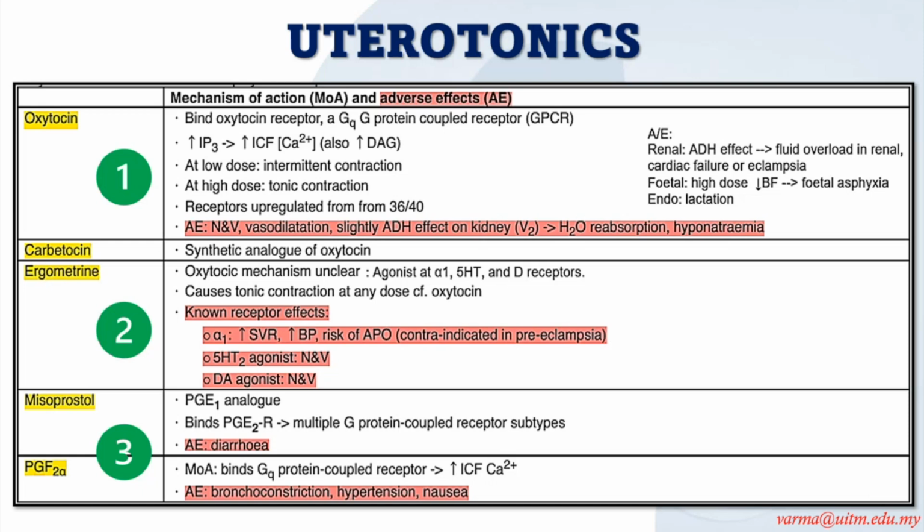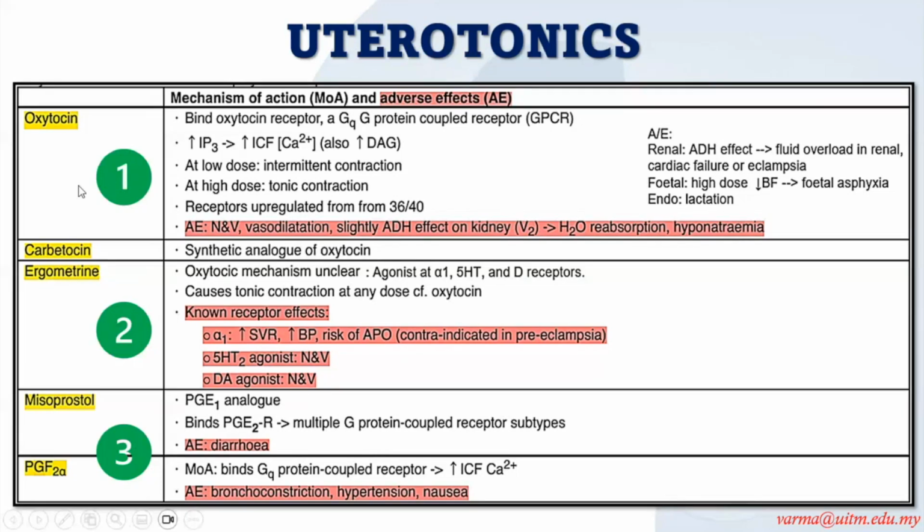In case the question asks about adverse effect, you have the answer here as well. So you have to at least talk about 3 drugs in detail: oxytocin, ergometrine, and PGF, prostaglandin analog. For prostaglandin analog, if you cannot recall which one is PGE1, which one PGF2 alpha, it's okay. You just mention prostaglandin analog, give example misoprostol or carboprost, no problem.